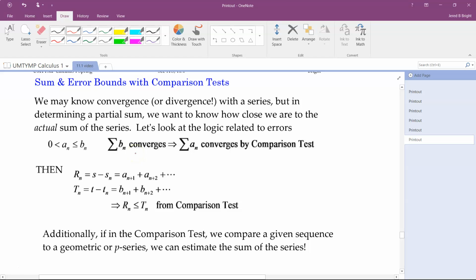If we look at the remainders, Rn is the remainder of the A series after we sum the first n terms, and Tn is the remainder for the last n plus 1 terms of the B series. According to the comparison test, the series An is less than the series Bn, so Rn must be less than or equal to Tn. That's useful, especially if we can find a nice series to compare to.